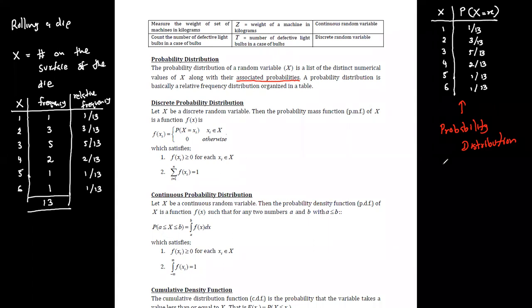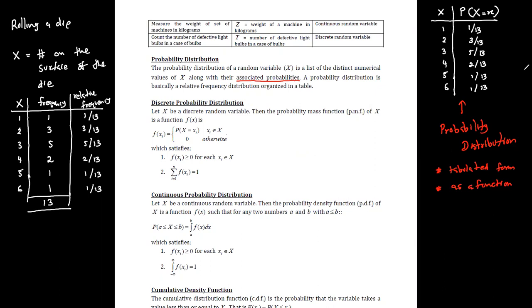Therefore, generally we can say that probability distributions can be shown in tabulated form, or else as a function.